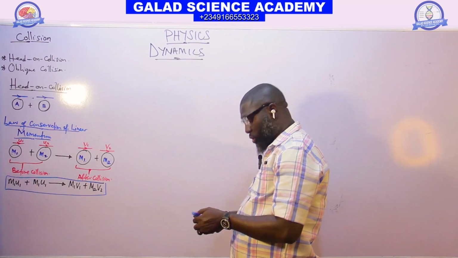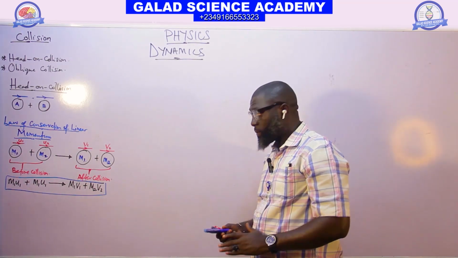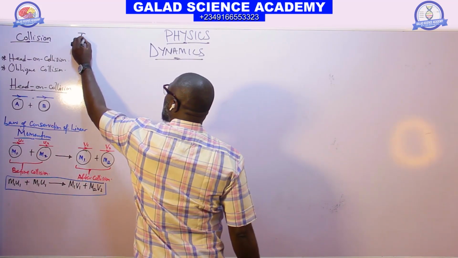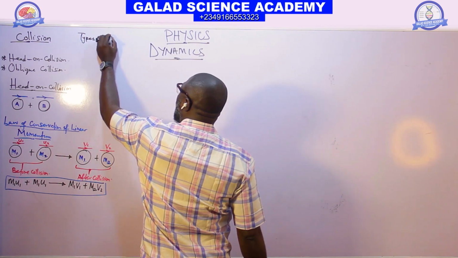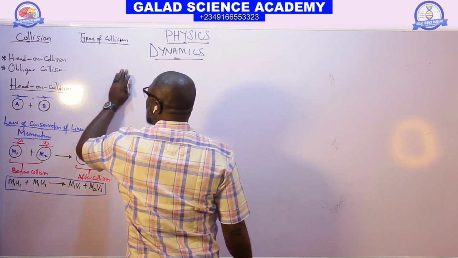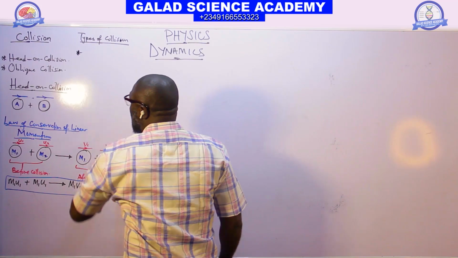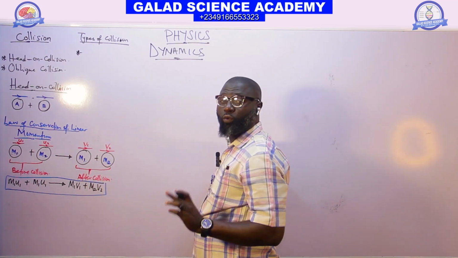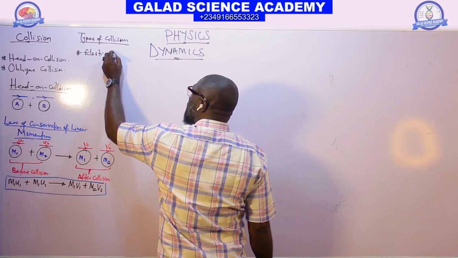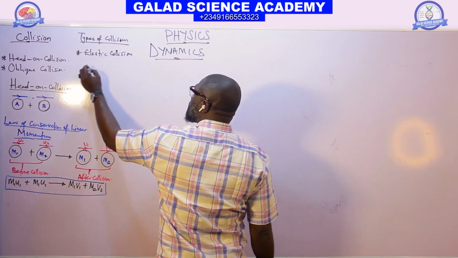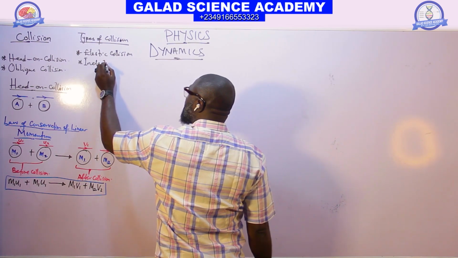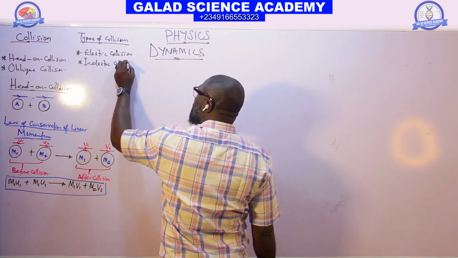Now the next thing we are going to treat is types of collision. We have four types of collision. The first one is elastic collision. The second is inelastic collision.